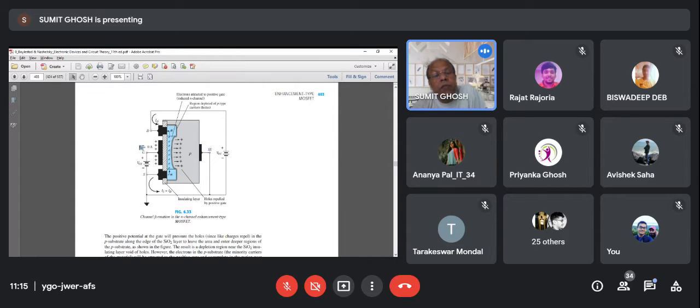Again, notice one more thing which is written here, that the gate current is zero. Why? Because there is an insulating layer, that is the Himalayas, and people cannot move from China to India or India to China just by crossing the Himalayas. So because of the insulating layer, the current is zero.